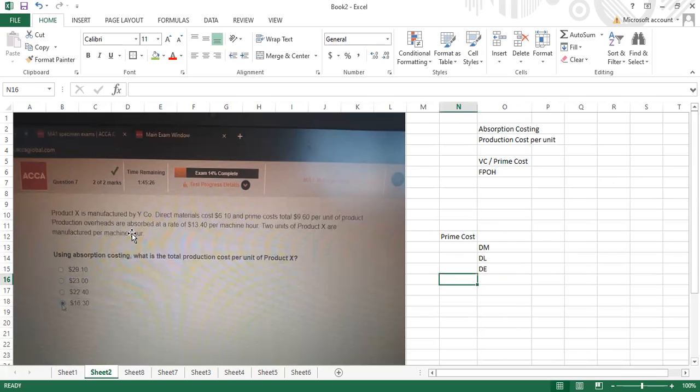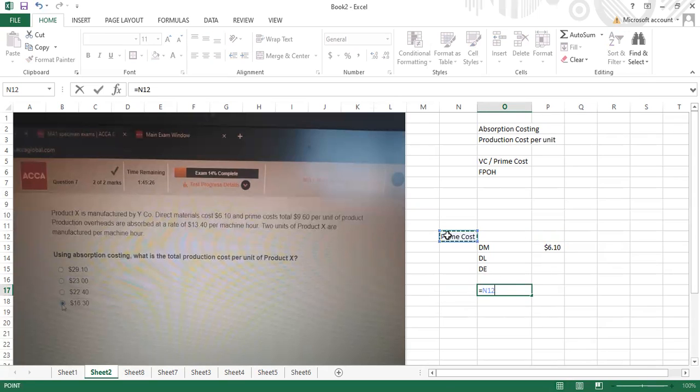Product X is manufactured by Y company. Direct material cost is 6.10, and prime cost total is 9.60.